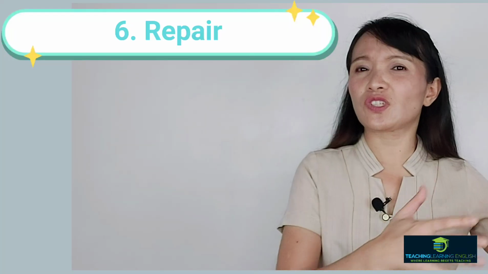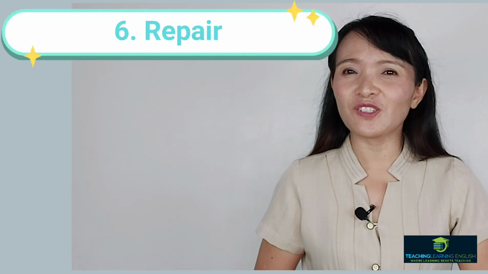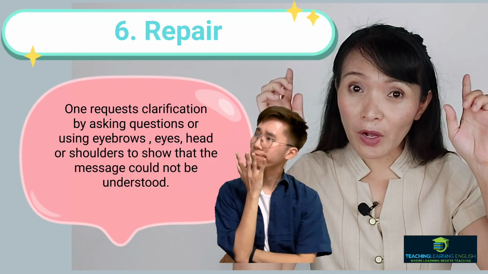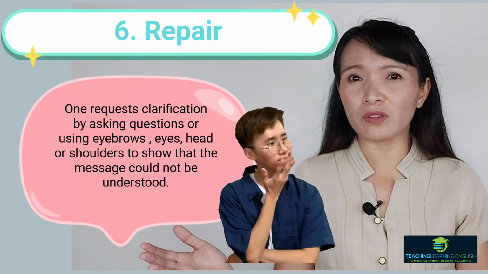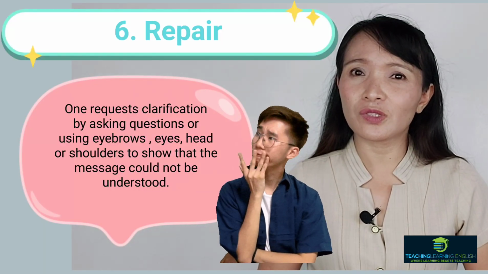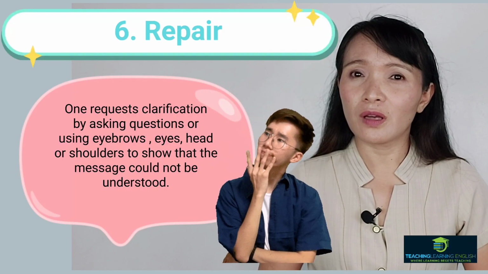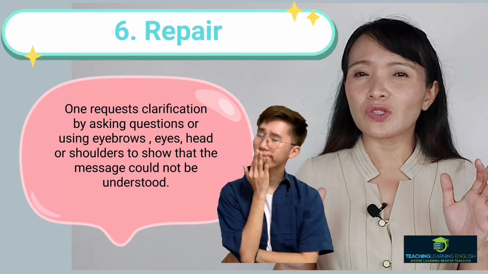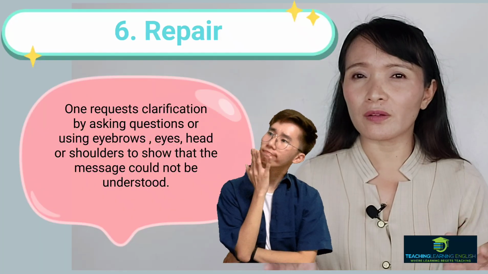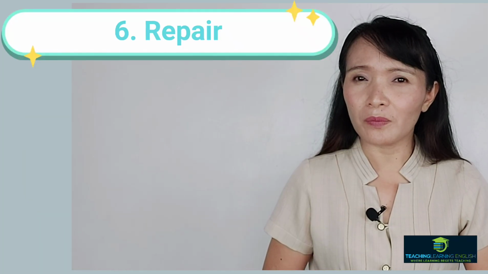One requests clarification by asking questions or using eyebrows or using his head or shoulders to show that the message could not be understood. By not acknowledging the new situation, the situation already in progress will continue.